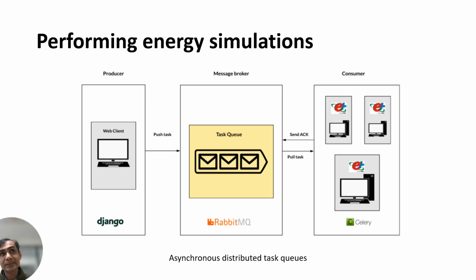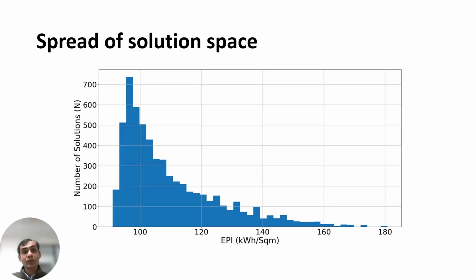We can send these input data files to the cloud, run them in parallel and collect the results. In our methodology, we are using asynchronous distributed task queues to optimize the cloud resources, simulate input data files, and send results back. We have simulated data from all input data files.